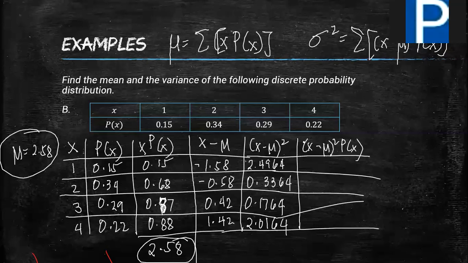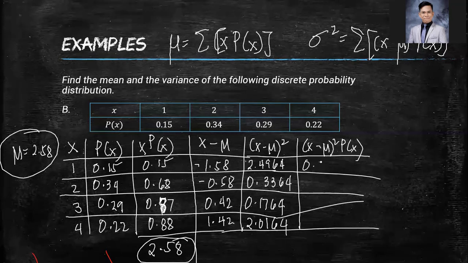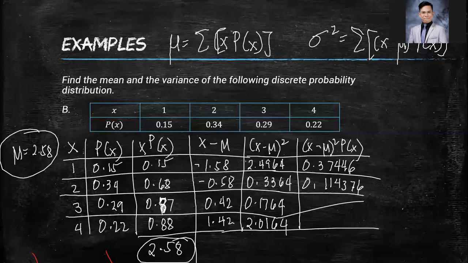So, 2.4964 times 0.15, that would be 0.37446. Okay. Next is 0.3364 times 0.34, that would be 0.114376. Okay, next is 0.29 times 0.1764. Paka-check ako ha.